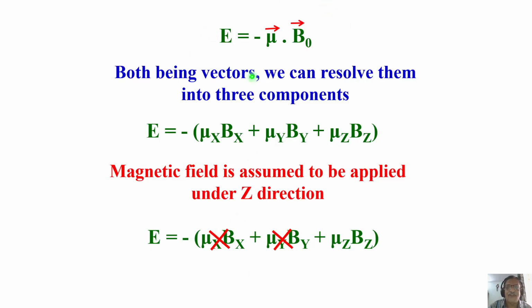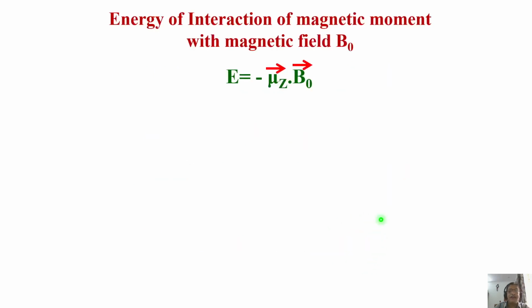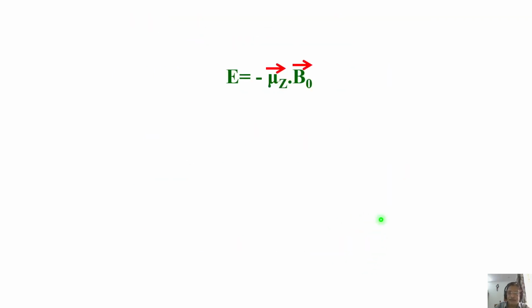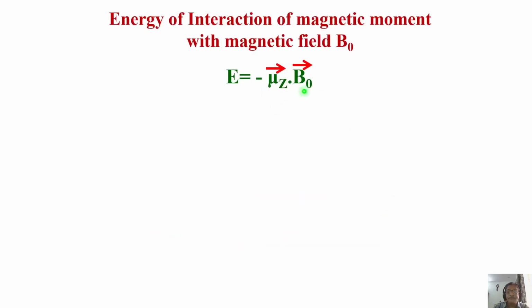This is the total energy of interaction. We resolved them into three components each, took the dot product, and expanded like this. Now I am telling you the magnetic field is assumed to be along the z axis. As a consequence, I don't consider the x and y components. They get eliminated. Then we are left with only E equal to minus mu z B naught. No, B naught, that's wrong. It should be Bz.